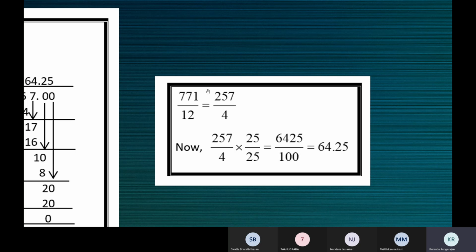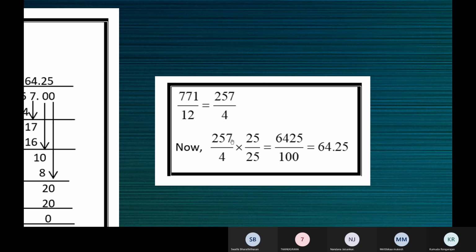So 771 is divisible by 3. So you can simplify in the tables of 3. When you simplify, you get 257 by 4.